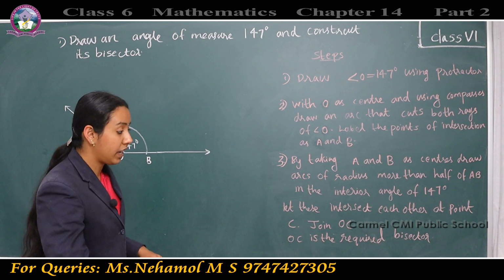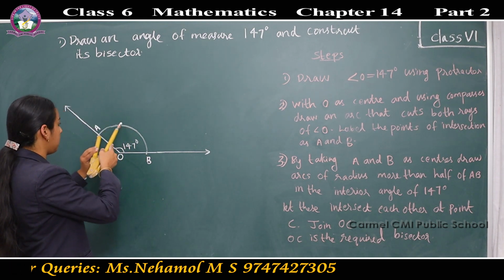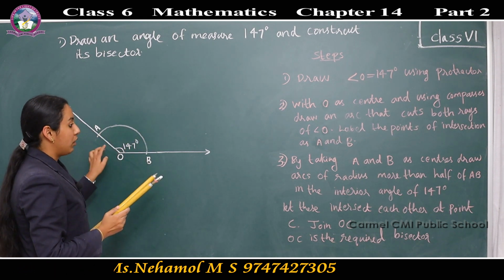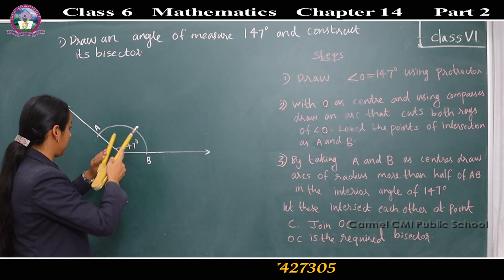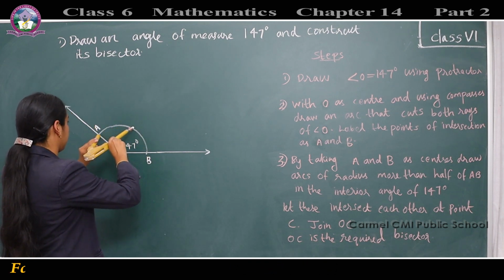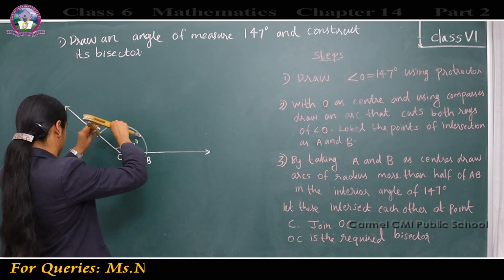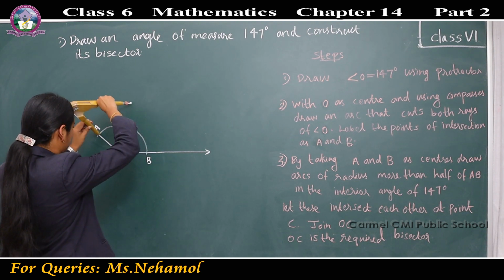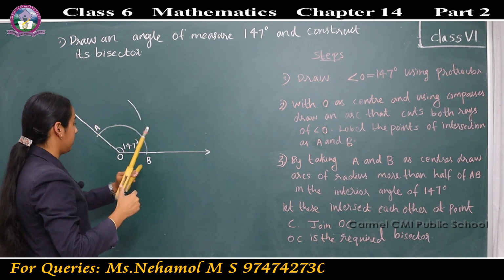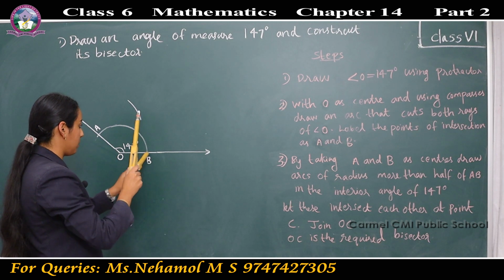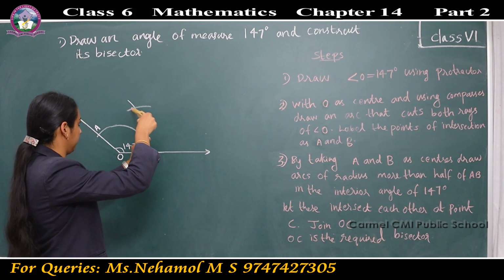So, by taking A as center, draw an arc of radius more than half of AB. Then, with the center as B also, draw an arc.